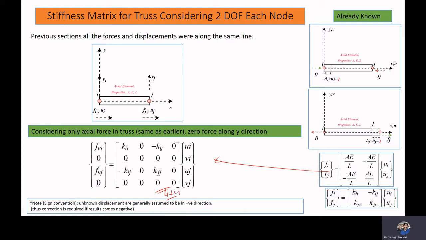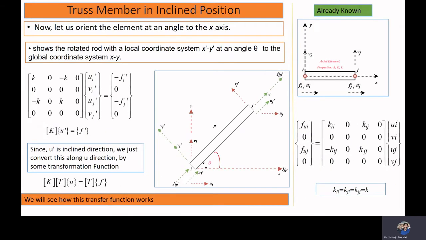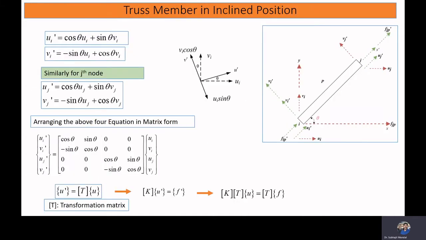Again we have learned that if this truss member, this axial member, is rotated at some angle, in that case we have to apply a transformation matrix so that we can correlate our displacement from our global coordinate system, and we can also transform our stiffness matrix into the global coordinate.